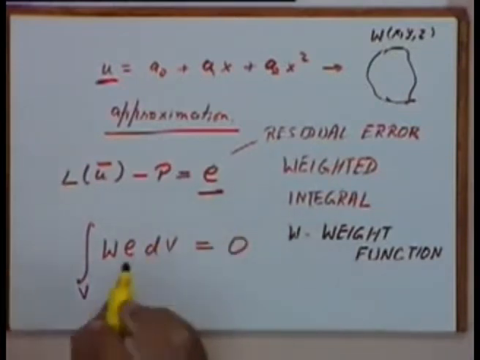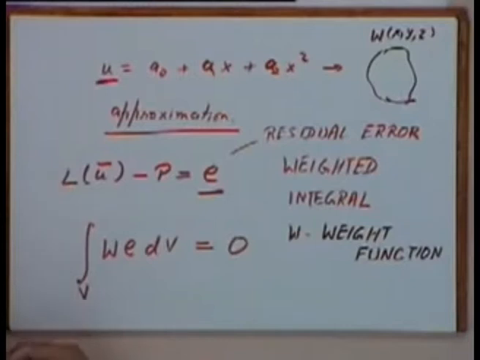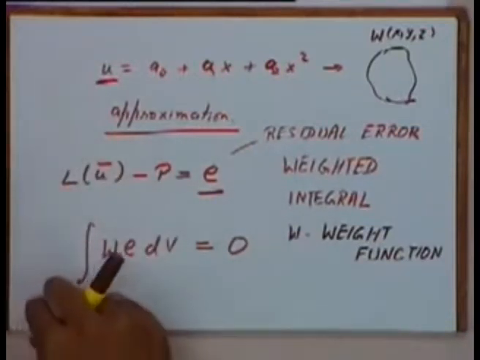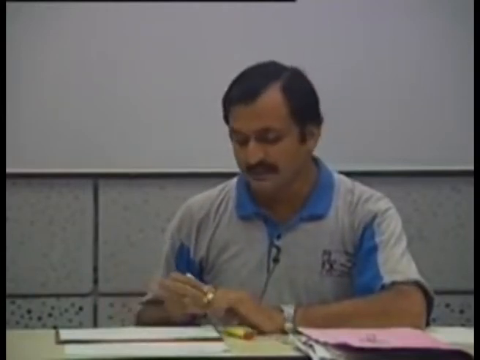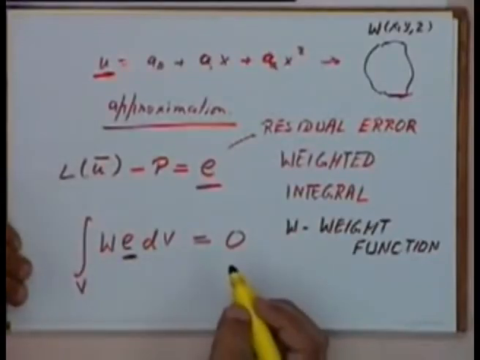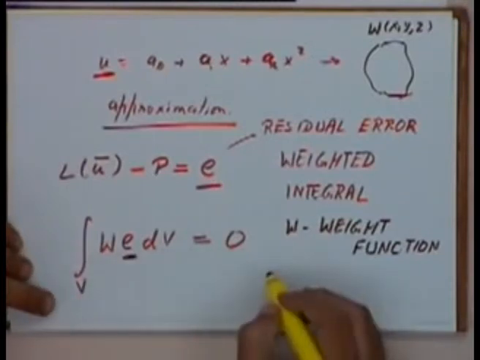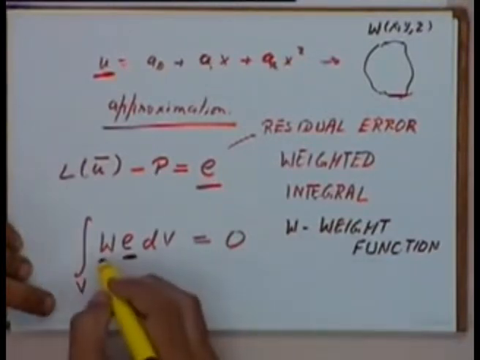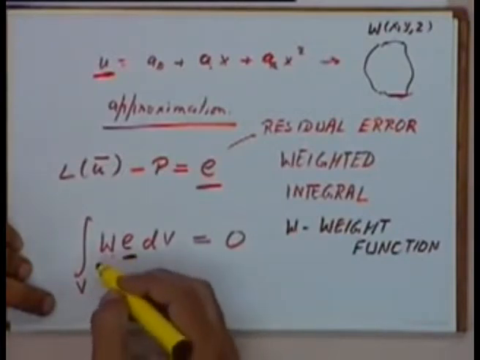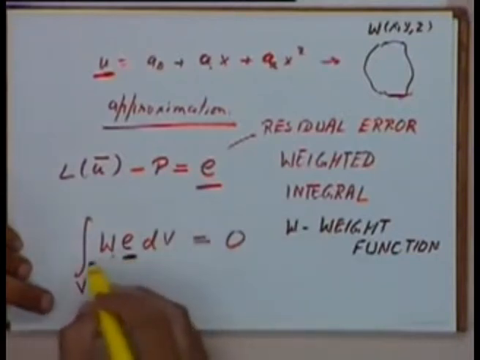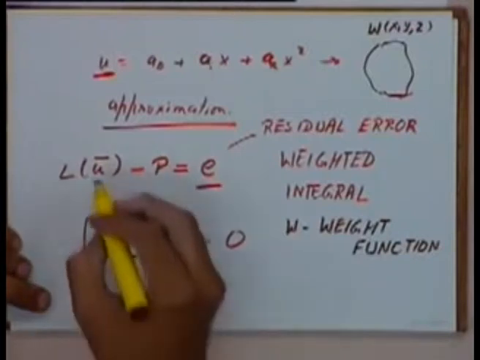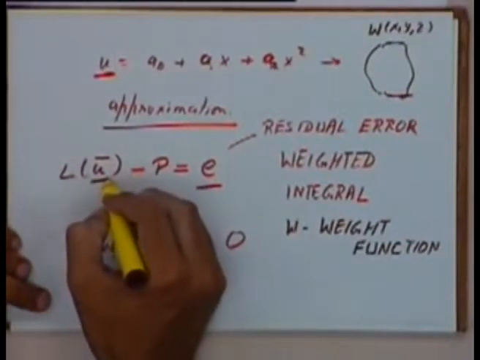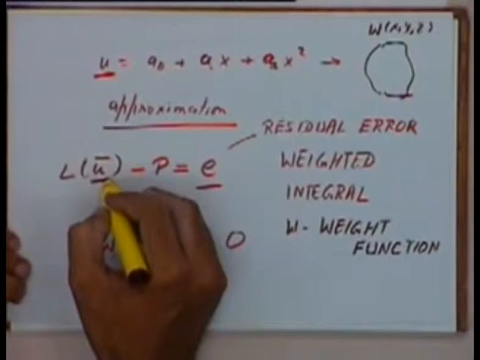This is what we will do in the Galerkin's approach, and in fact this is one of the approximate methods where we are trying to minimize the error term. What we will say is that this integral should be equal to 0 for any weight function that we take. If we take any arbitrary weight function and this integral turns out to be equal to 0, then we will say that this estimate that we have taken of u bar is an accurate approximation.